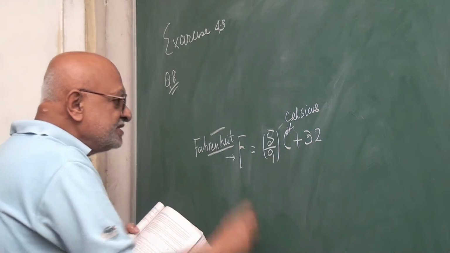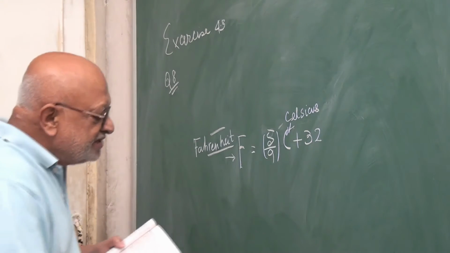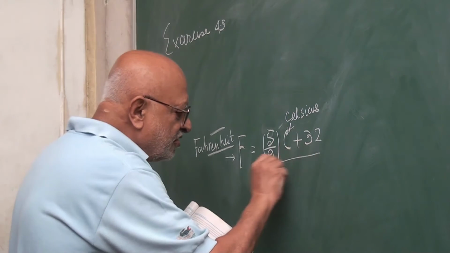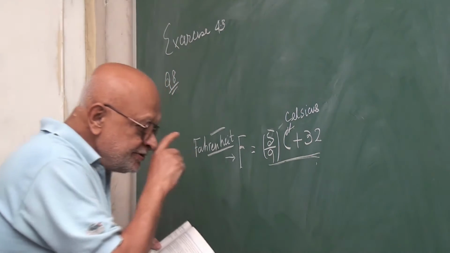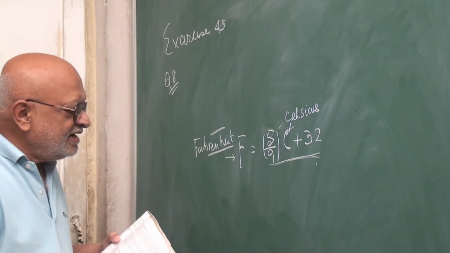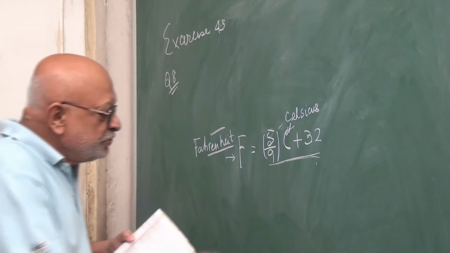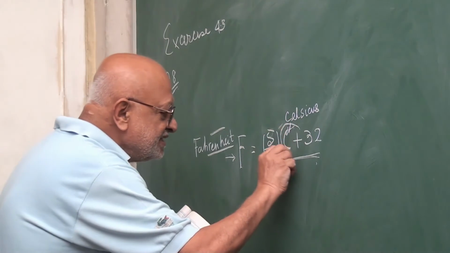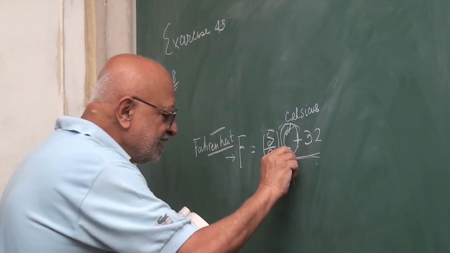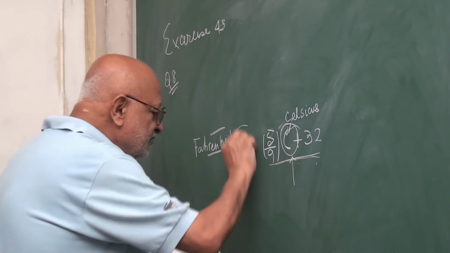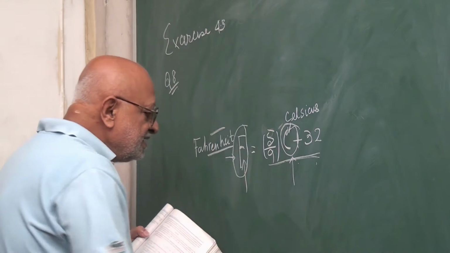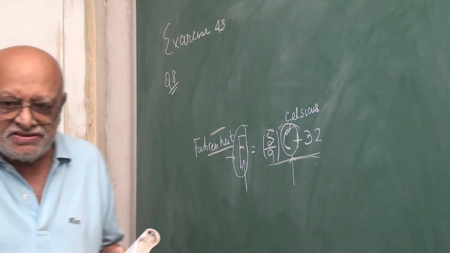Why is this relationship required? Because in countries like ours or other countries in Asia, we measure temperature in the Celsius scale, and in North America they mostly use Fahrenheit. So for this conversion, it was required many times.